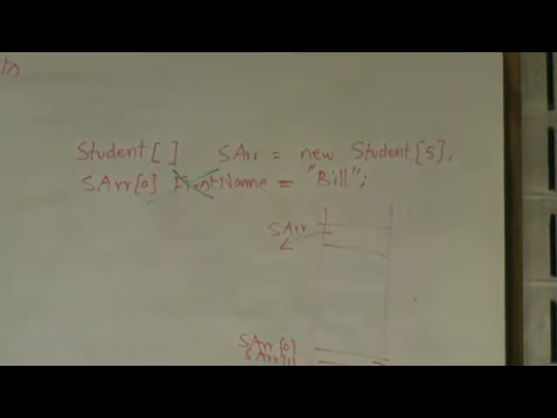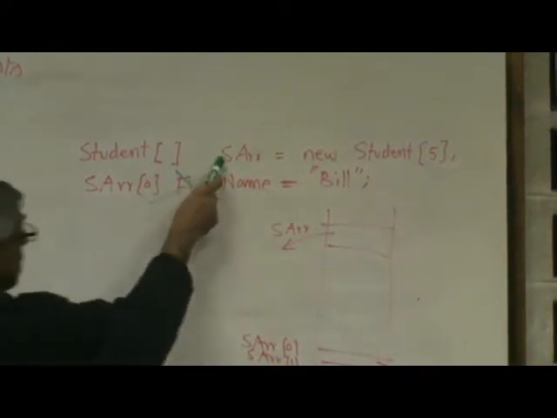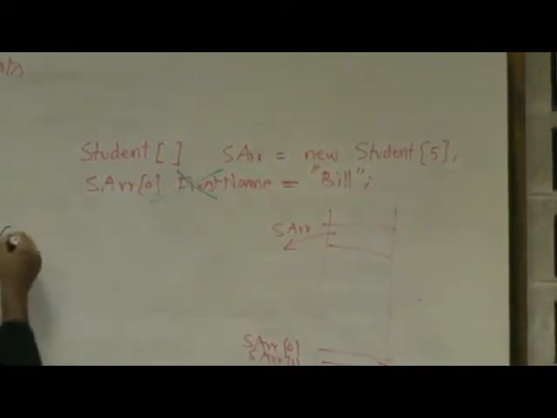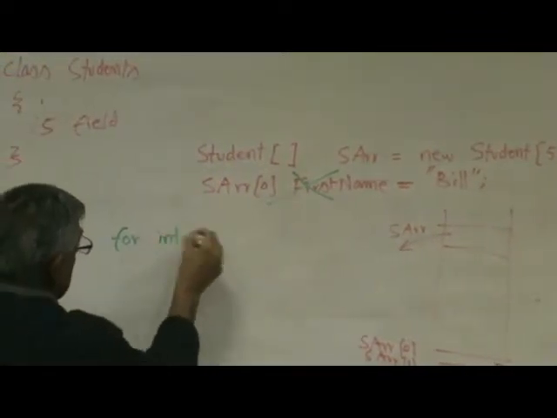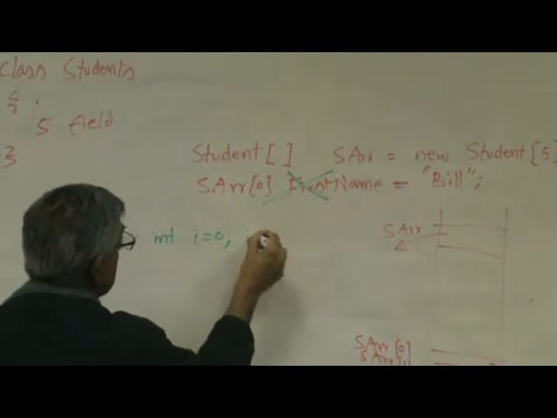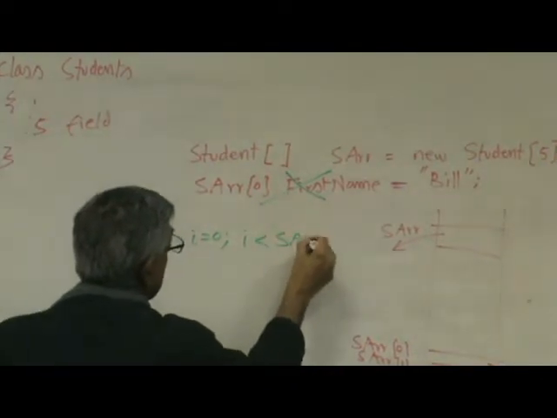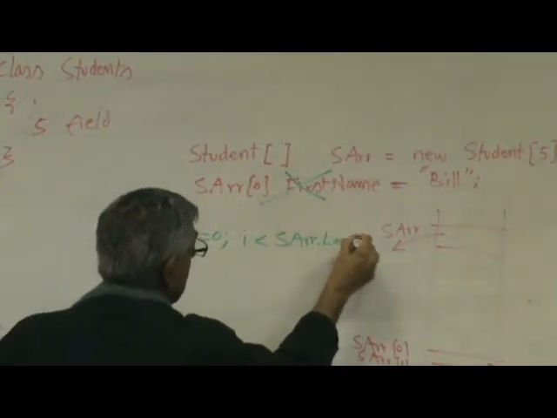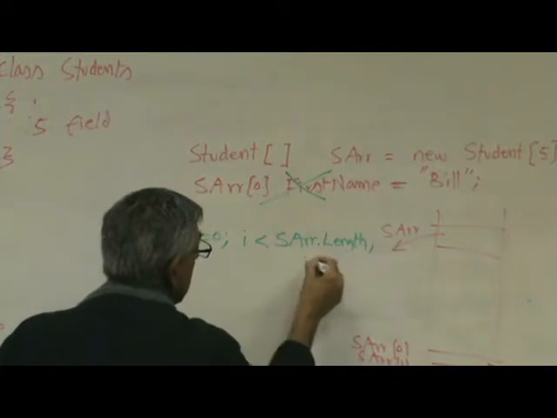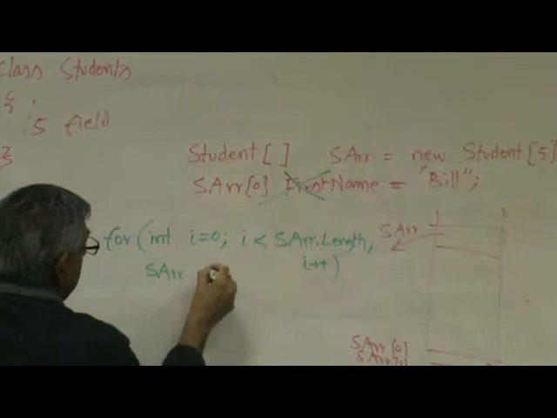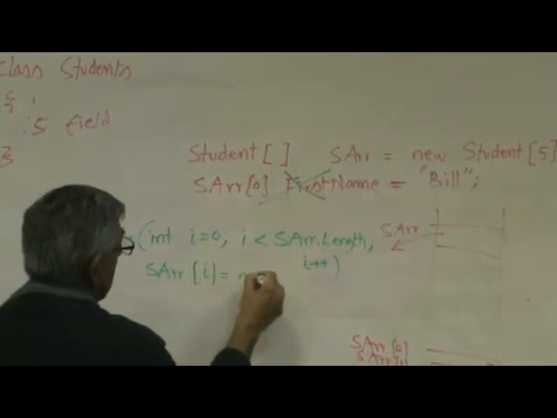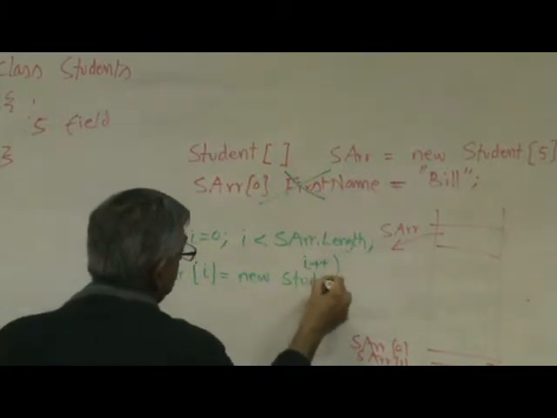So then if you recall, the way we allocate memory for each student for each reference in the array is we often write a for loop. For int I equal to 0, I less than s array dot length, I plus plus, and we will say s array of I equal to new student.